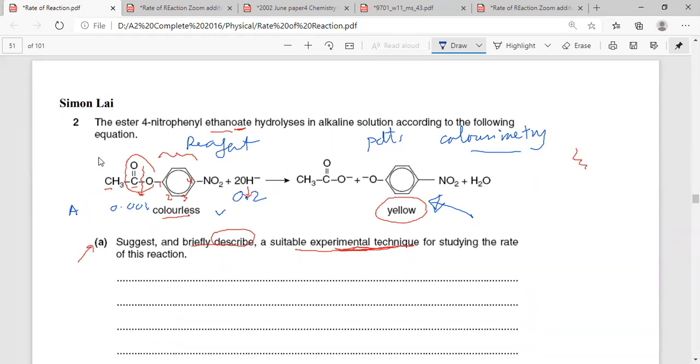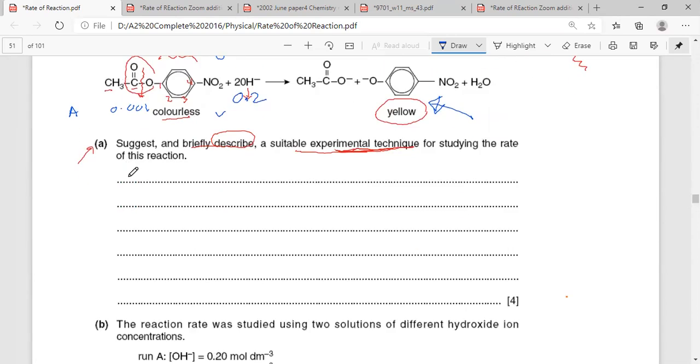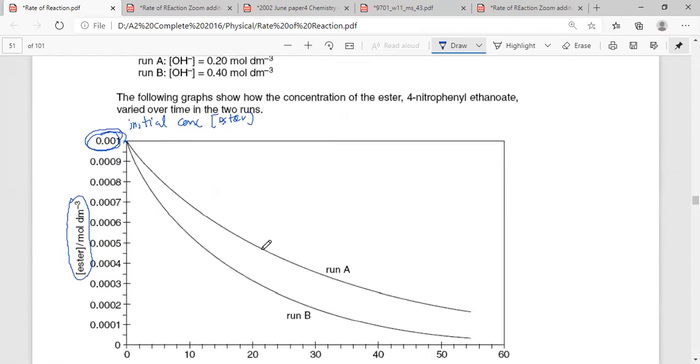So after doing this one, that's the first graph here. I told you already, because it's not a straight line graph, it cannot be zero order, right? Because the slope at any point here will tell you that it is not a straight line graph. If it's a straight line graph, that means it's only one slope. As it's going down here, it means there are many slopes at every point. So how can you prove it's first order or second order?